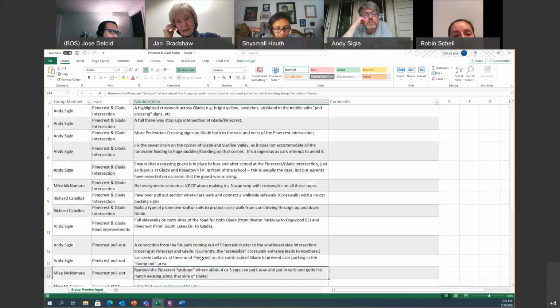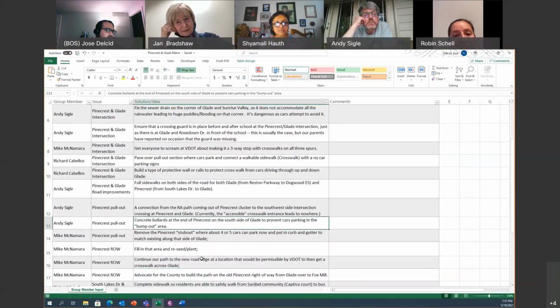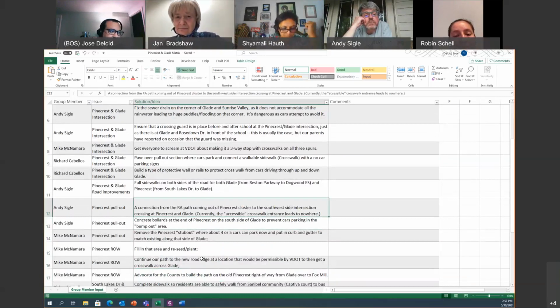So I was really interested in some of the pull-out suggestions that Andy had, acknowledging that there is that RA path, and trying to connect it there and provide an accessible crosswalk that leads somewhere, not nowhere.